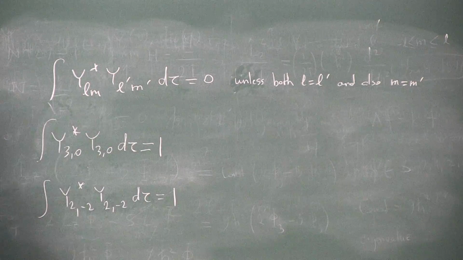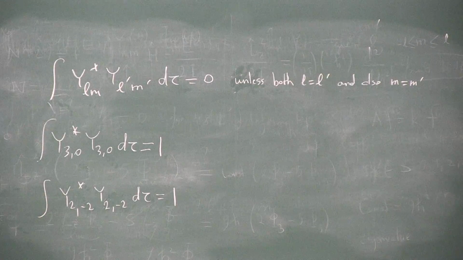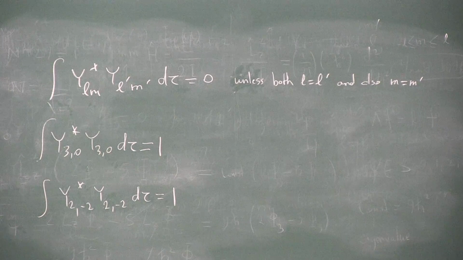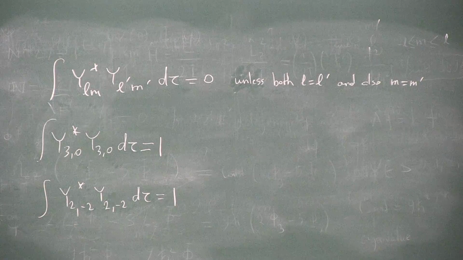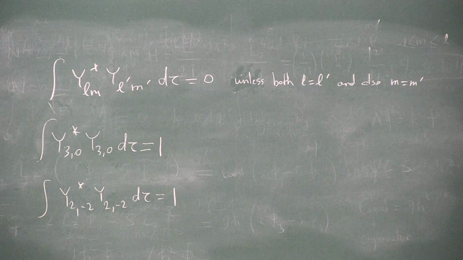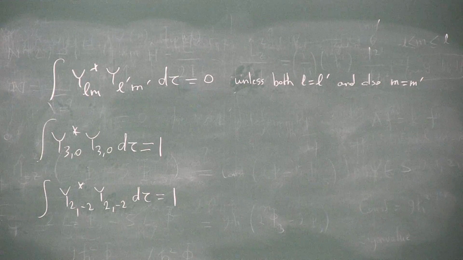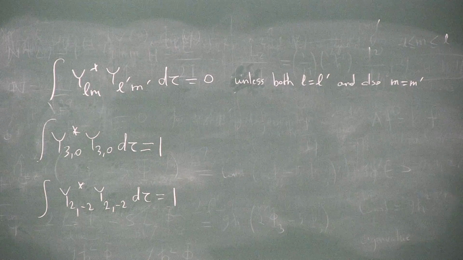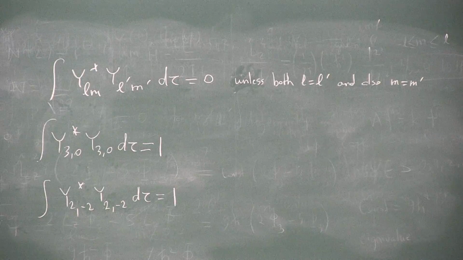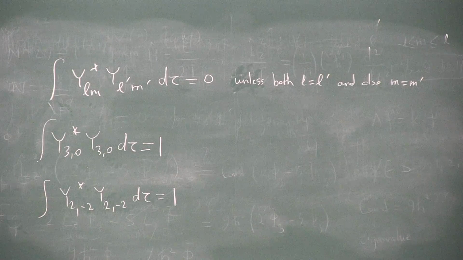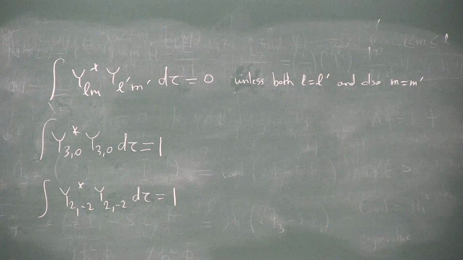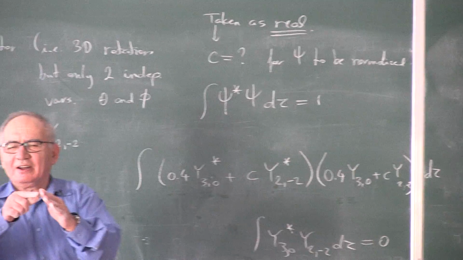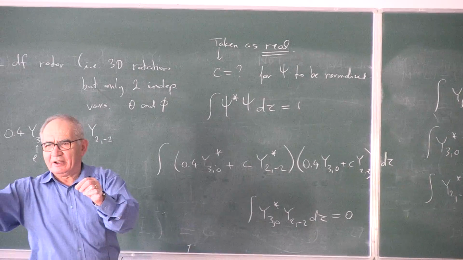So the net result is, because of the orthogonality property, in the result of such integration only the diagonal terms are non-zero. We separate diagonal from non-diagonal.